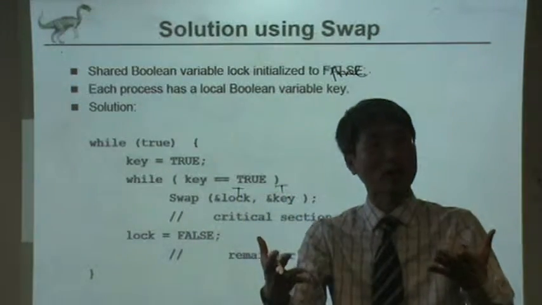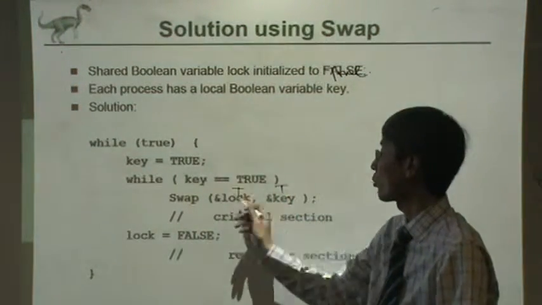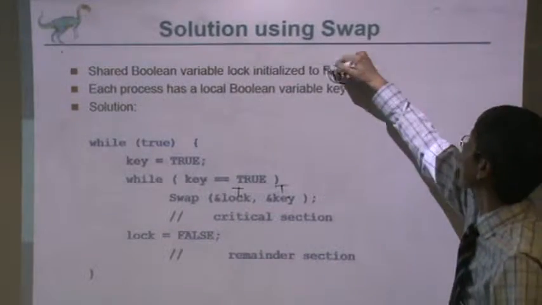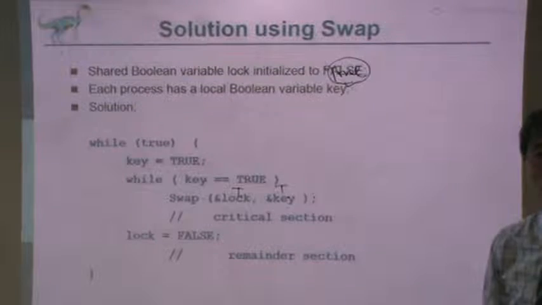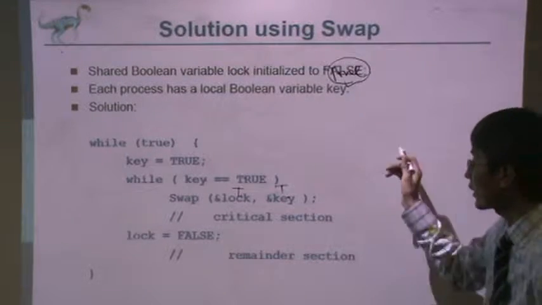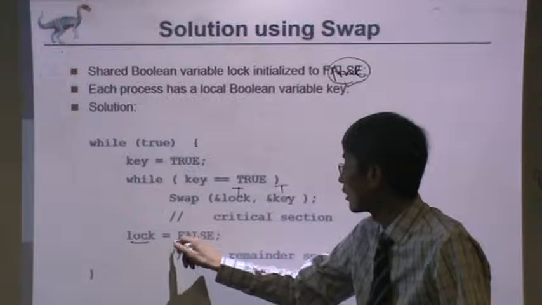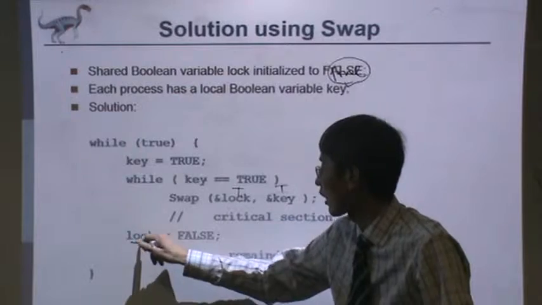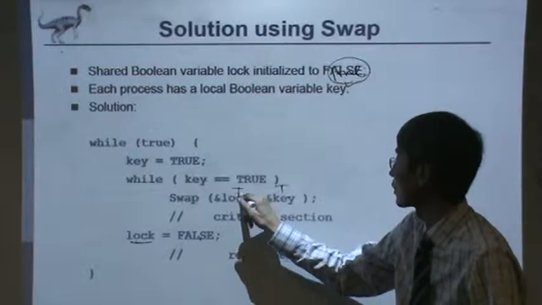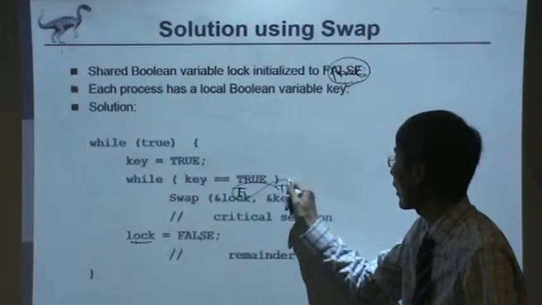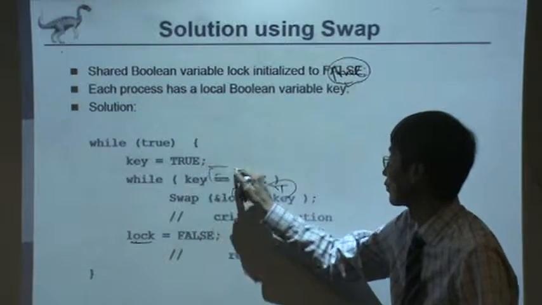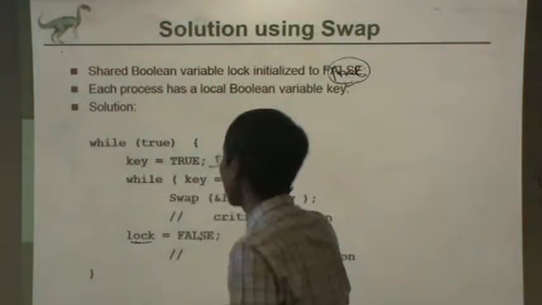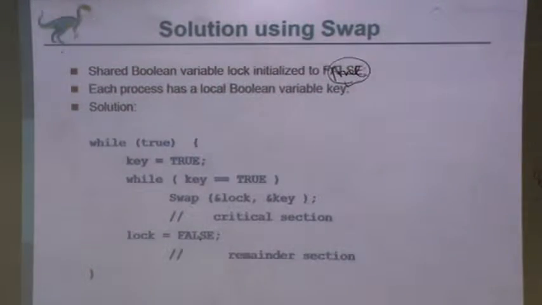You expressed that you'd like to enter the critical section, but you keep waiting until the other process, which currently holds the lock on the critical section, executes the exit section and sets lock to false. At that time, you can swap, key becomes false, and then you can enter the critical section. Okay? So this is another way to implement the critical section.